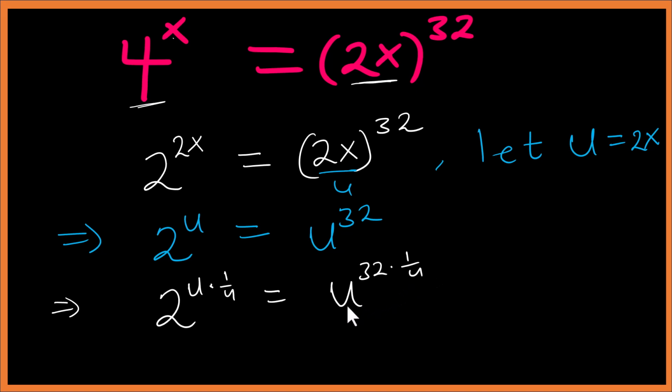Now we want to bring u on one side and numbers without u on another side. So this side will cancel. I'll be left with 2 here, so no u. This side will be u raised to 32 on u. So we have 2 equals u raised to 32 on u.